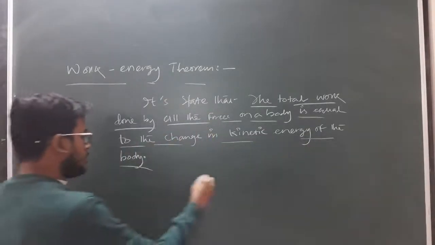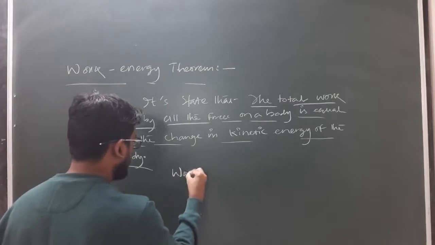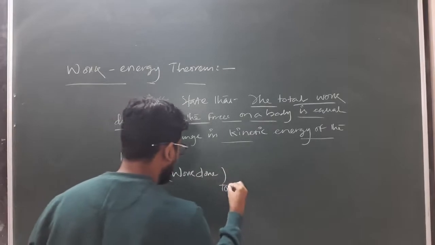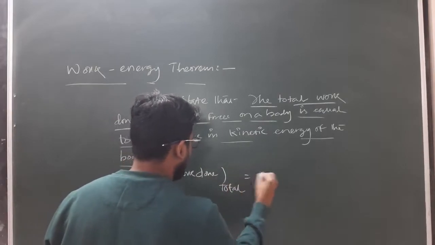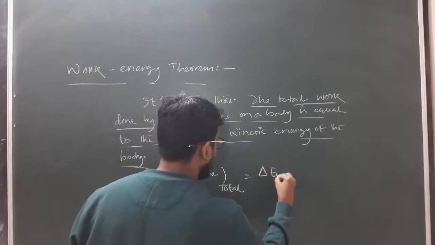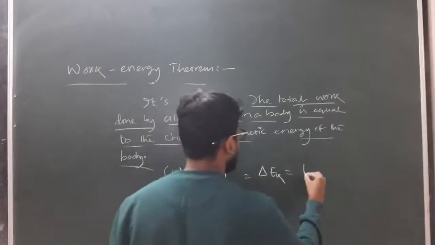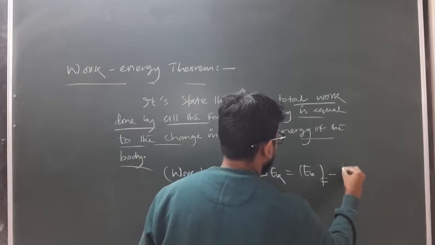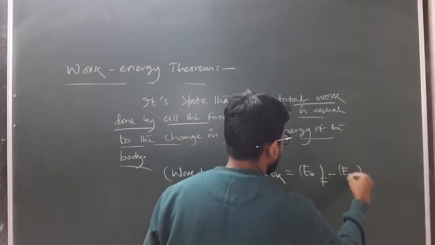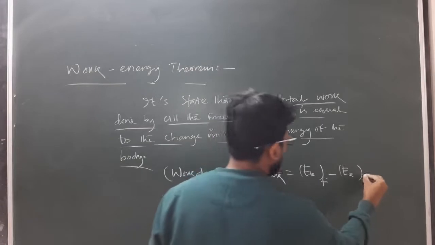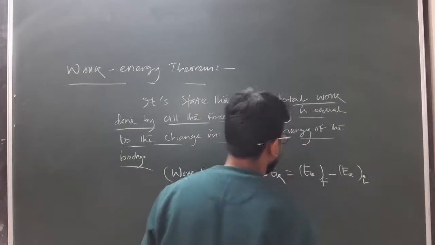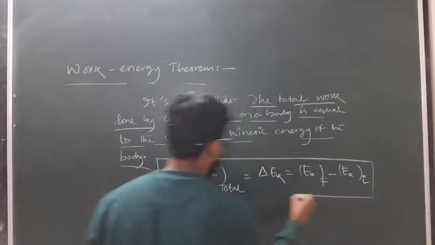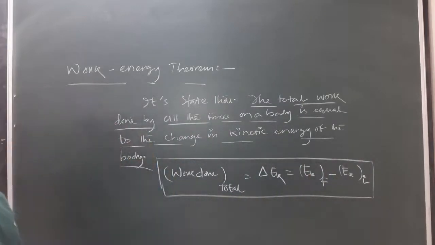As a mathematical expression you can write work done total equal to change in kinetic energy of the body, or this can be written as kinetic energy final minus kinetic energy initial. So the difference between the initial and final kinetic energy will be equal to the total work done on the body.